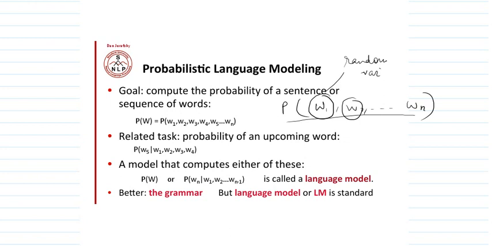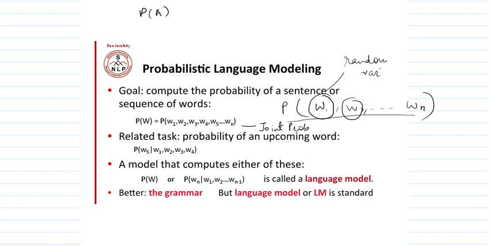This is the joint probability of n variables.